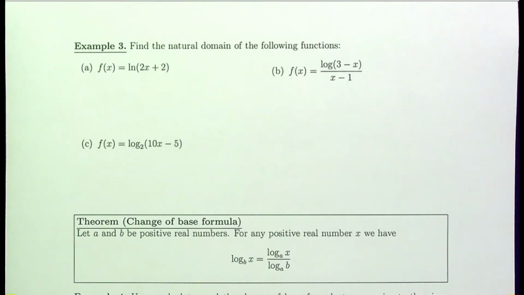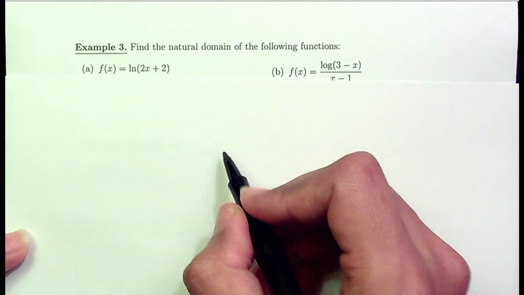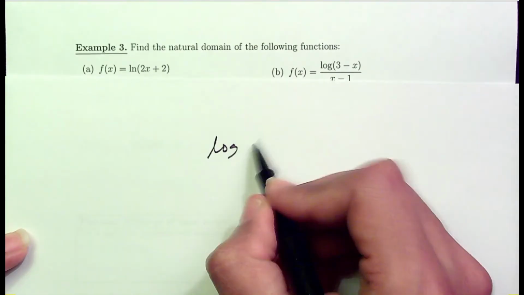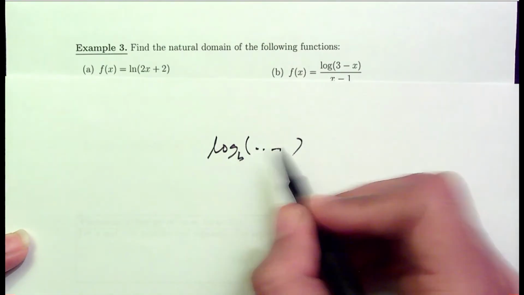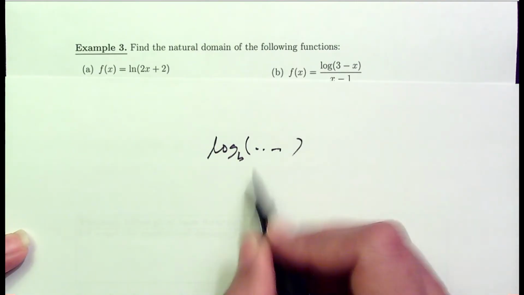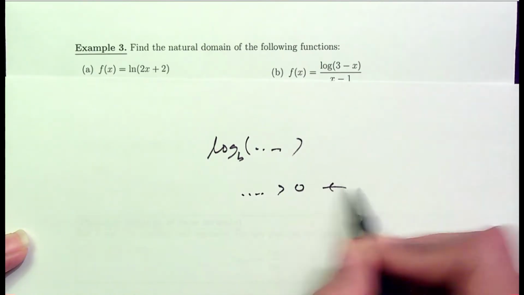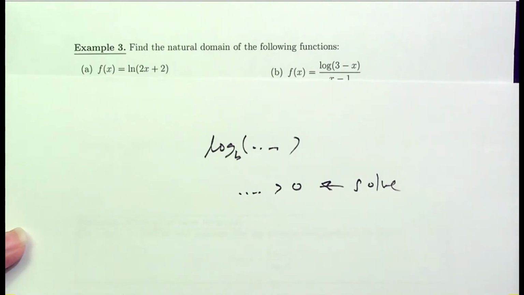Remember that we had three bullet points, and the very first two are the ones we concentrated on back then, because the third bullet point concerned logarithms, and we didn't have logarithms back then. But the third bullet point was that if you have a logarithm, things inside a logarithm need to be positive. So whatever that is, you have to make it bigger than 0, and you're going to solve this. So that was the third bullet point.